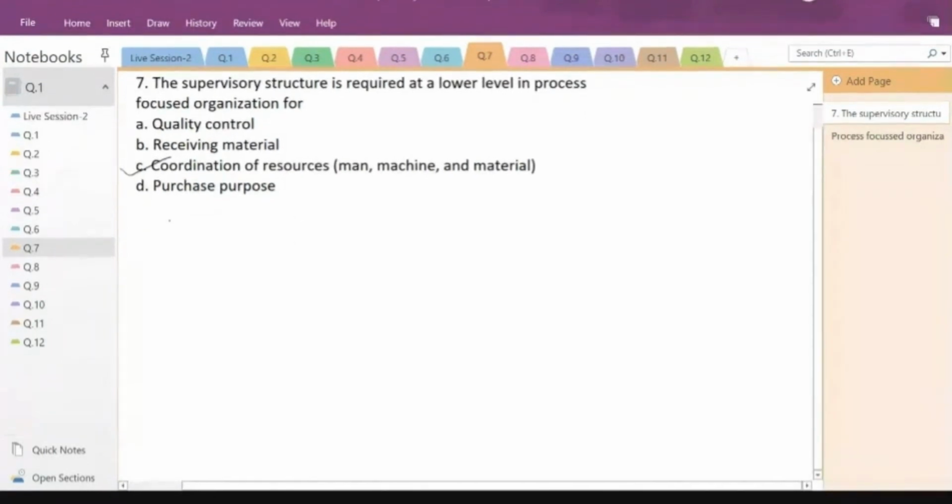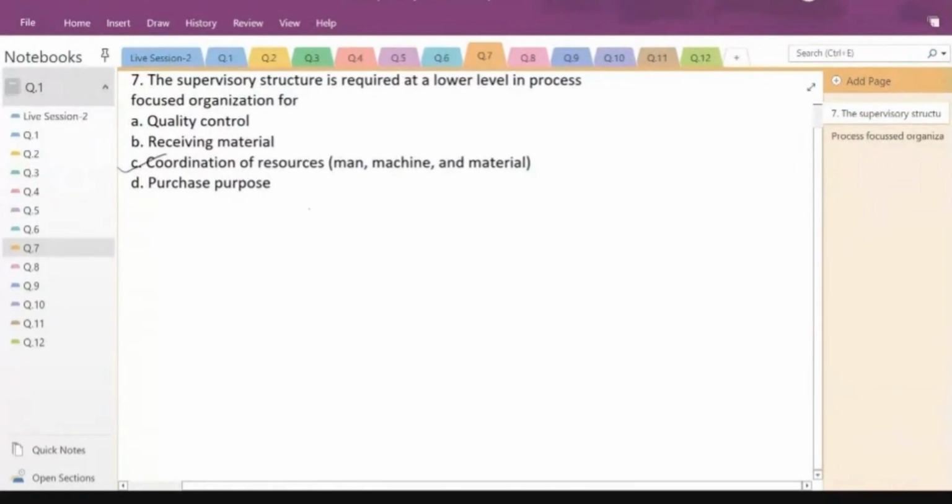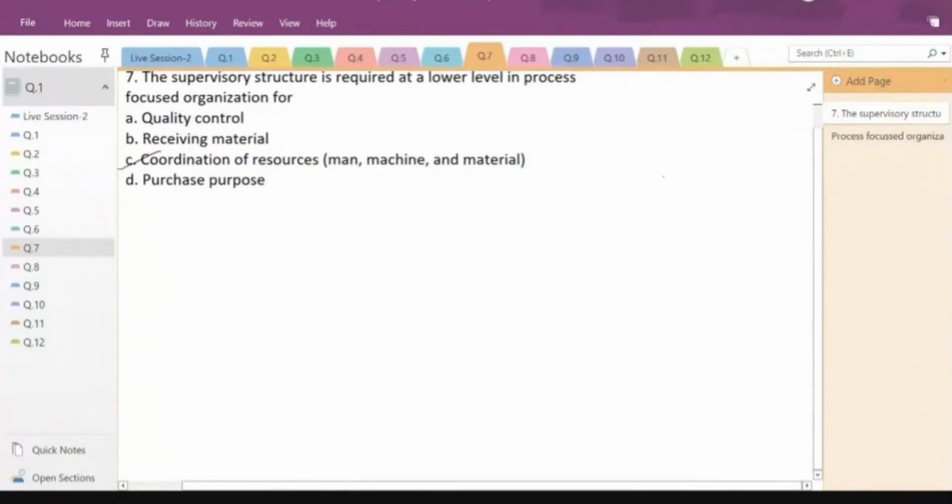I'll just write out the points. Firstly, specialization and expertise in a particular field.